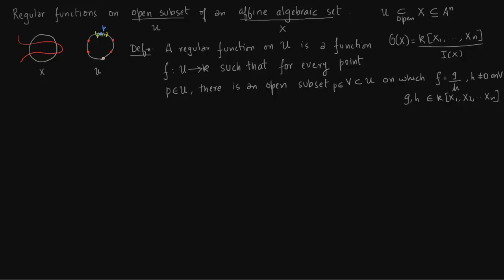H could vanish here, here, here, all these points in orange, but it does not vanish in the green portion. Where it does not vanish is at the point P and its small neighborhood. So the definition is extremely local.